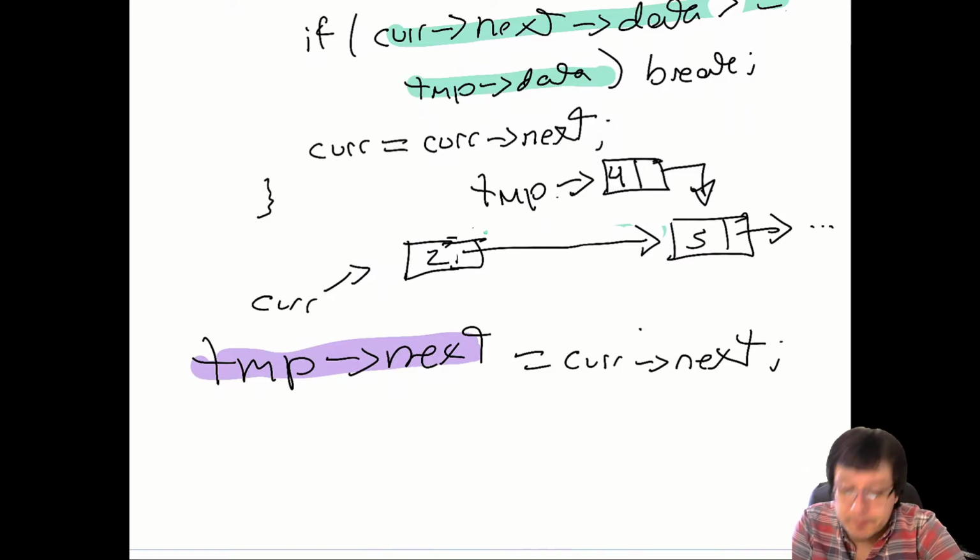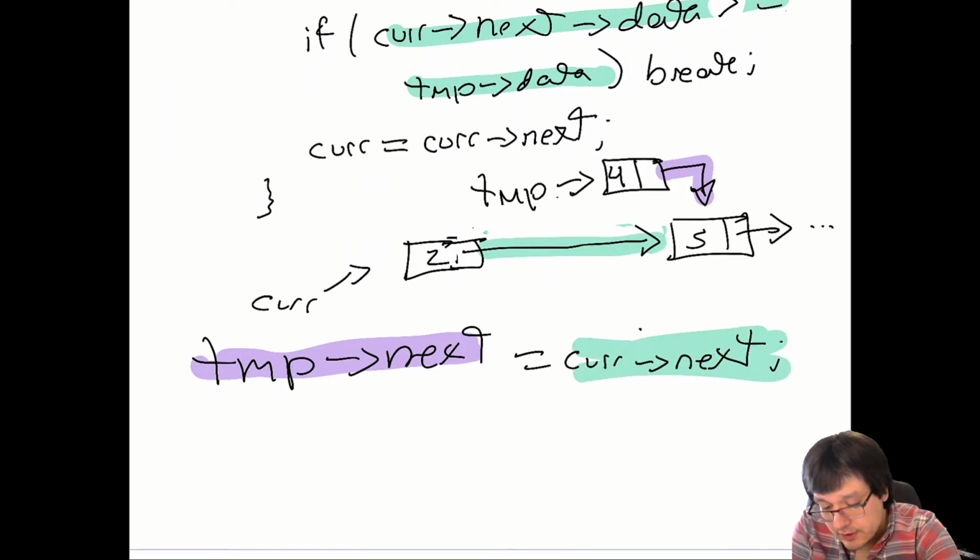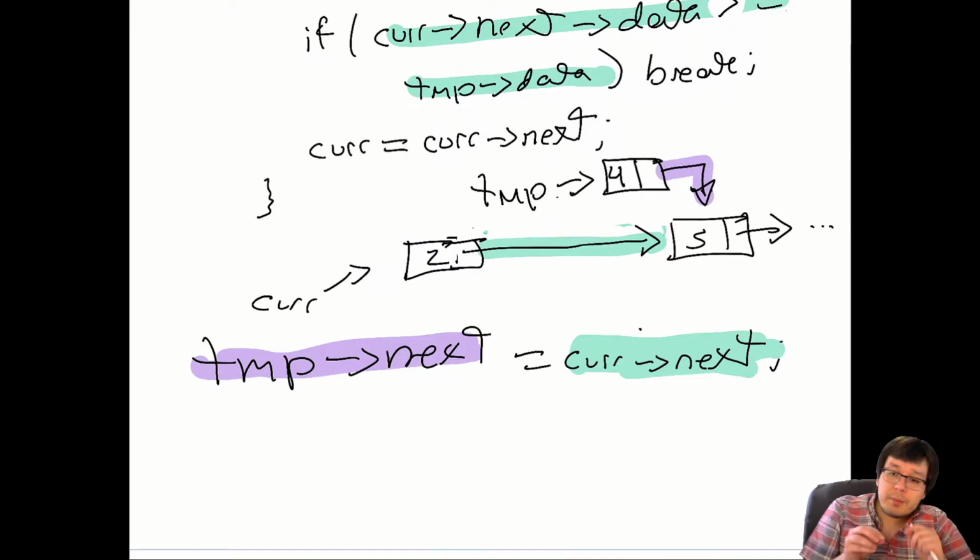We have this. Okay? That's color coded correctly right there. So we are copying the green line into the purple line, so that they both point to 5.